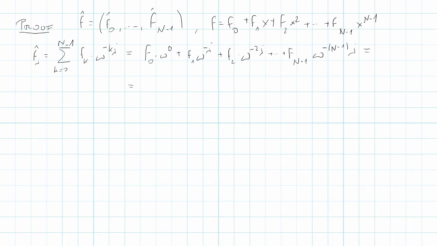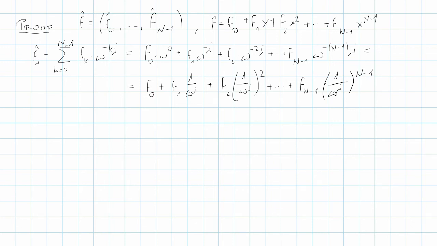But we can also write it this way. This is f0 plus f1 times 1 over omega to the jth power, plus f2 times 1 over omega to the jth power squared, and so on, plus fn minus 1 times 1 over the jth power of omega to the n minus 1.